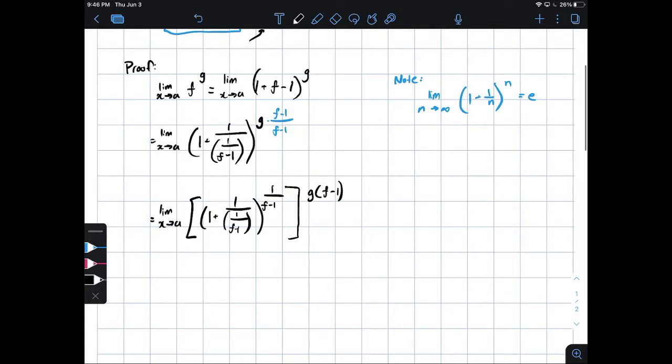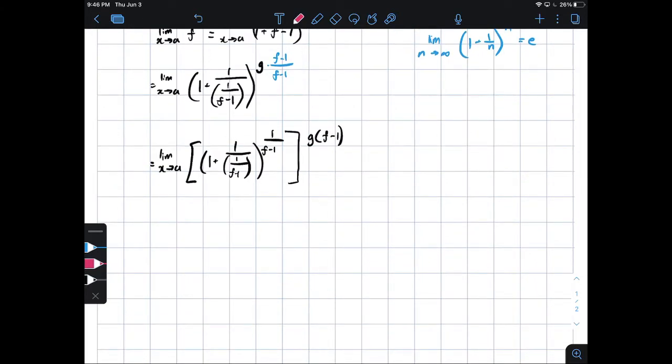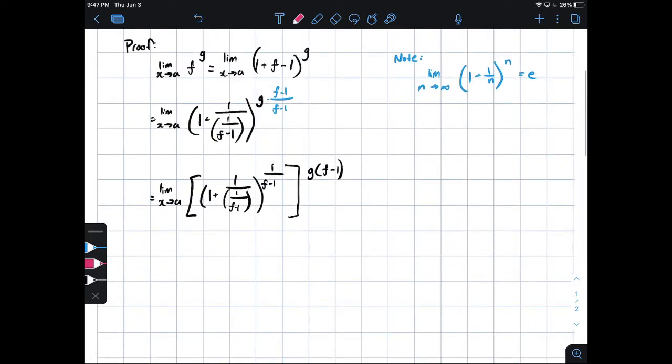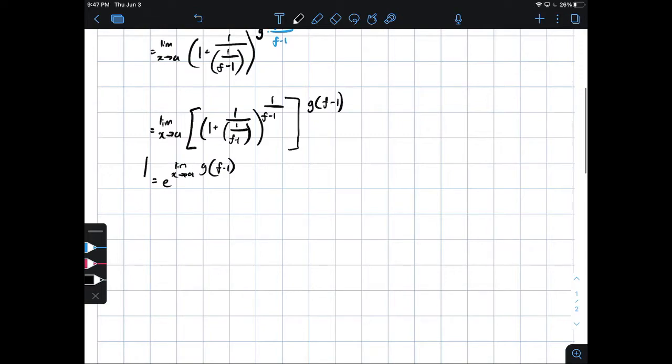So clearly you can see that this is actually going to reduce to e, and if you wanted to, you can replace this 1 over f minus 1 with an n or something. Doesn't really matter. And you would pretty clearly see this in the form. But we will see that this is e. Move the limit over to the limit as x approaches a, g times f minus 1. And that is pretty neat. And so that's the proof.